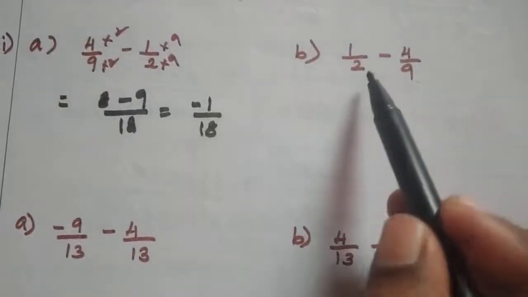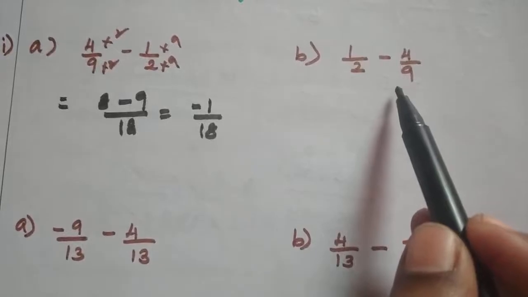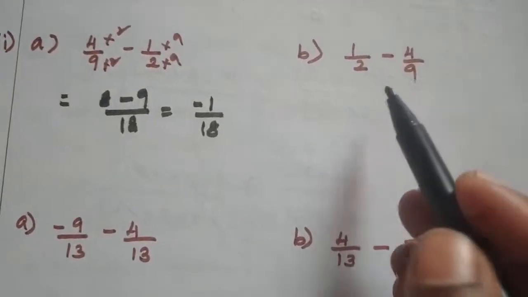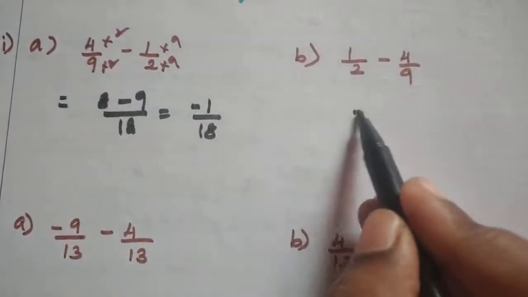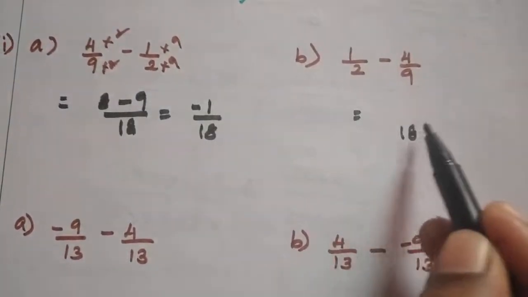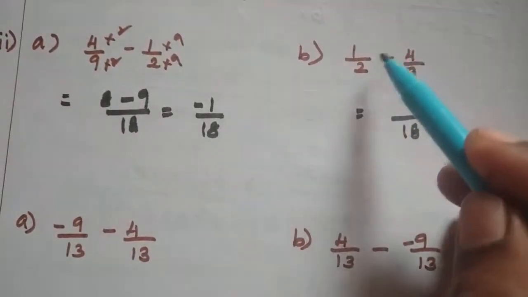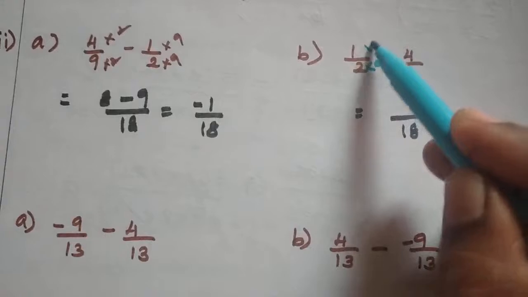Then B is 1 by 2 minus 4 by 9. So here also the denominator, you have to take LCM as 18. You should multiply by 9 to get the number 18.